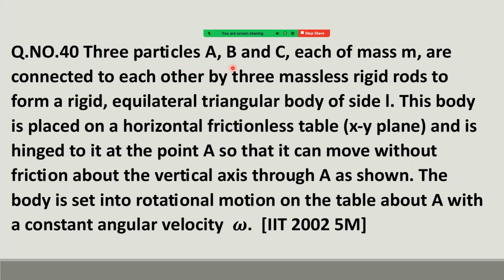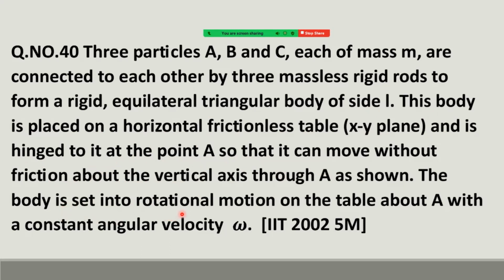Three particles A, B, and C, each of mass m, are connected to each other by three massless rigid rods to form a rigid equilateral triangular body of side L. This body is placed on a horizontal frictionless table, that is the XY plane, and is hinged to it at the point A so that it can move without friction about the vertical axis through A as shown.